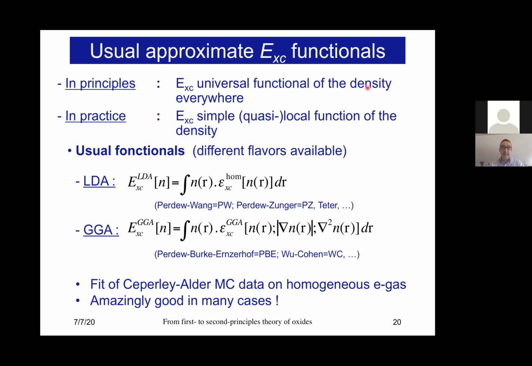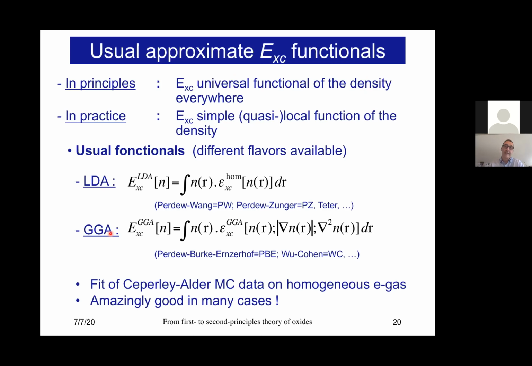In practice, usually this exchange correlation energy is assumed to be a simple quasi-local function of the density. And for instance, you probably heard about LDA or GGA, local density approximation, generalized gradient approximation. These are very simple approximations that typically allow us to make this density functional theory a practical tool.